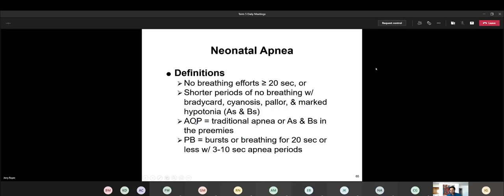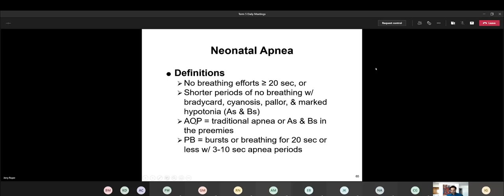Neonatal apnea. If we say what is apnea, it's that you haven't taken a breath in about 20 seconds or more. But with the babies with apnea also comes bradycardia.